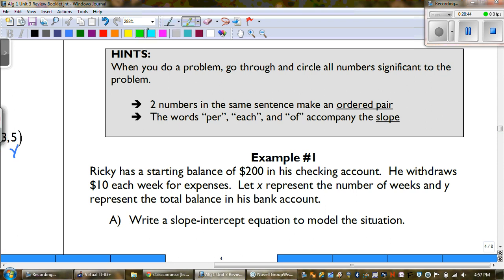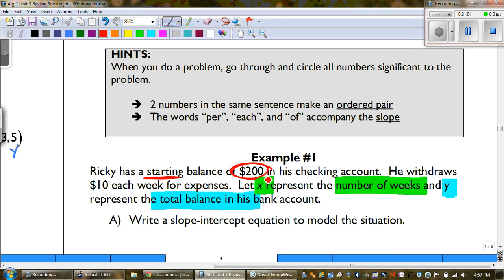Okay, so right away, X is the number of weeks and Y is the total balance. Now, some other important information. It says a starting balance of $200 and he withdraws $10 each. Wasn't each one of the words that we just said that it's going to be your slope?